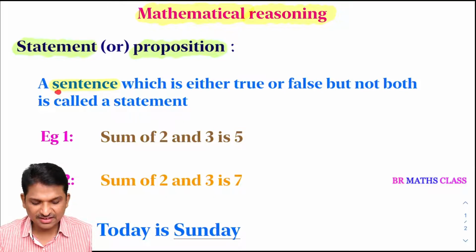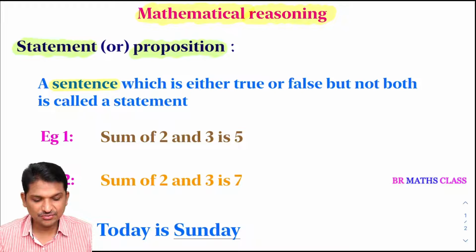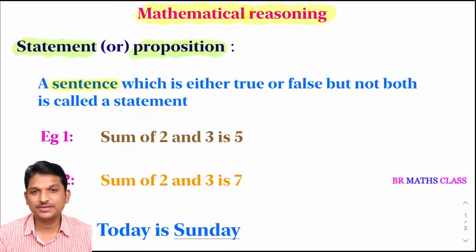Here, sentence means a combination of words. For example, mathematics is difficult. It is one sentence. Bangalore is the capital of Karnataka. It is one sentence. Which sentence is called a statement? A sentence which is either true or false but not both is called a statement.